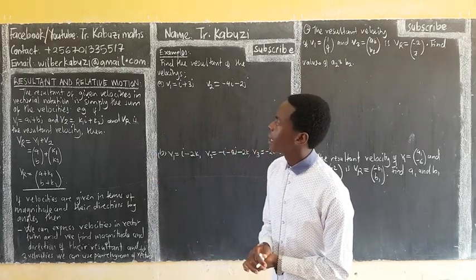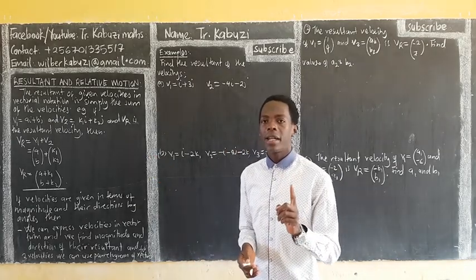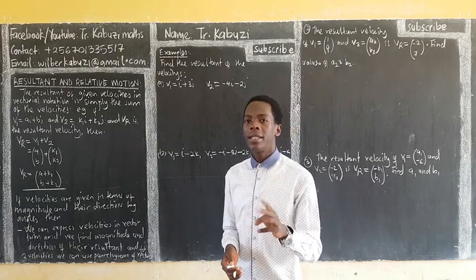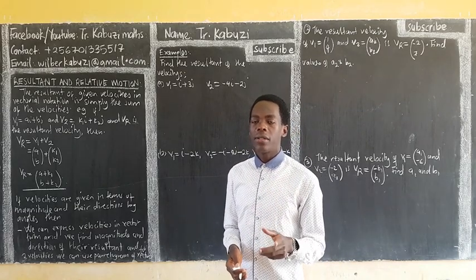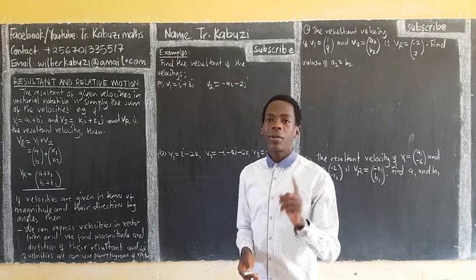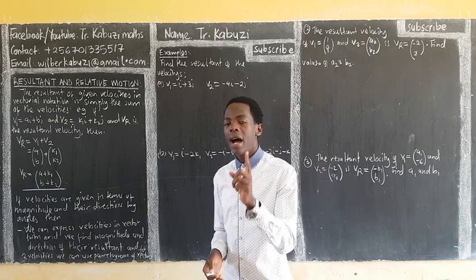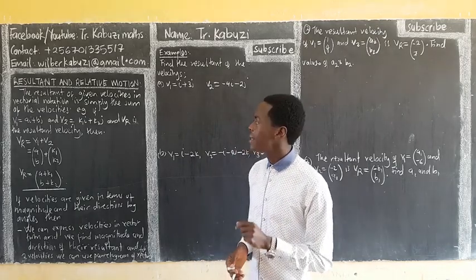The resultant of given velocities is basically, if they give you two vectors or three vectors or four vectors in a vectorial notation, in ij or ijk notations, it means that to get the resultant of any vectors they give you, it is as simple as getting their sum.